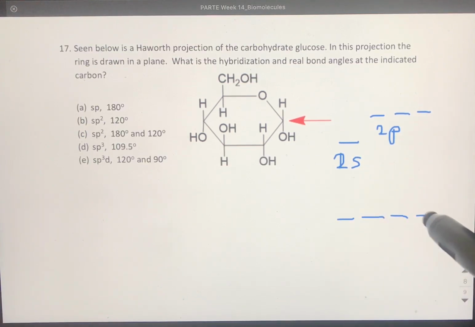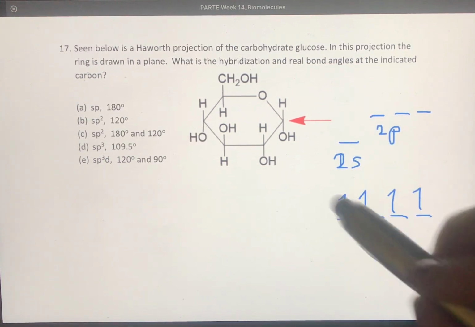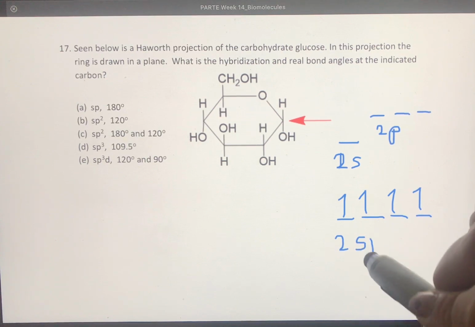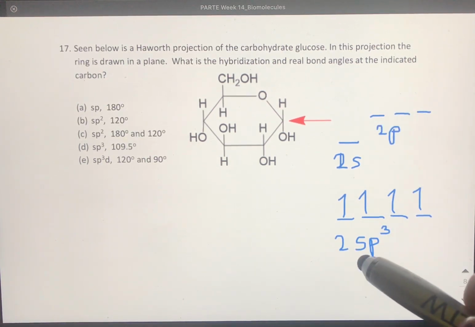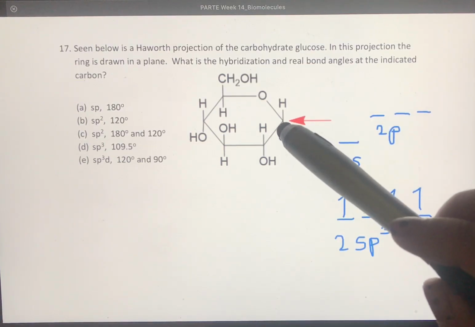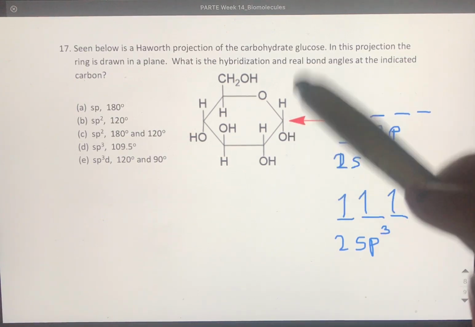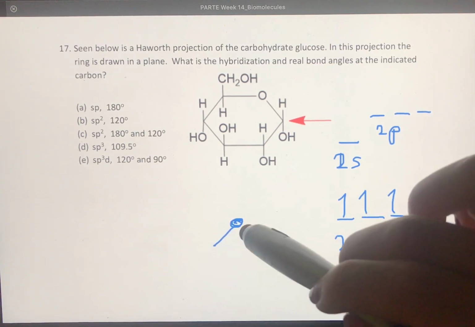So all of these with 1 electron in each of them is going to be called the sp3 orbitals. So this is going to be an sp3 carbon.